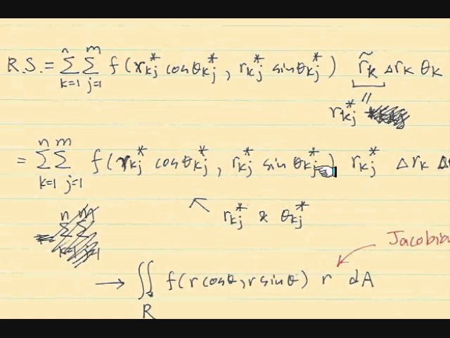But we chose the rkj star to be this rk tilde, so that becomes rk tilde and rk tilde, or we should replace that rk tilde with rkj star, right? So that's actually written down there. So that rkj star had made a choice, and theta jk star could be a midpoint in between theta j minus 1 and theta j.